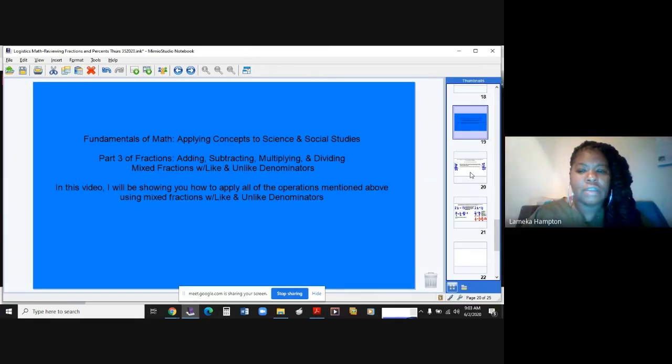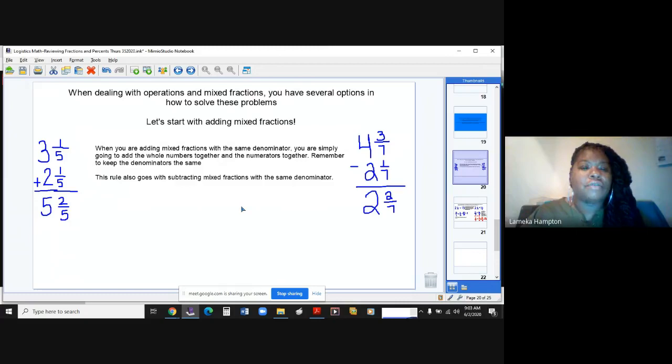All right. Now, it says when dealing with operations and mixed fractions, you have several options in how to solve these problems. And I'm going to discuss how you can actually solve some of these problems momentarily. So just keep that in mind. Now, we are going to start with adding mixed fractions. Remember, mixed fractions are fractions that have a whole number as well as a fraction.